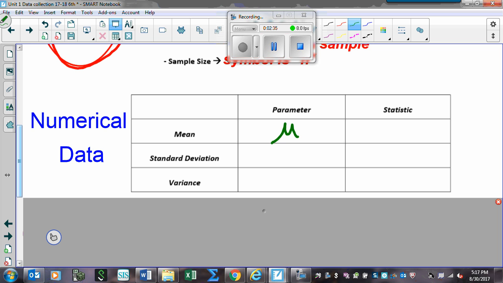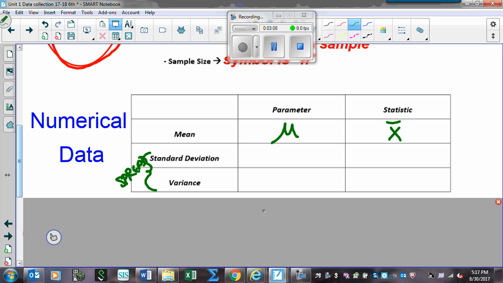A lot of times you'll have a Greek letter describe the population and a regular letter describe a sample. So mu is the symbol for the mean of the whole population. And for the mean of a sample, that's called x with a bar on top of it, which we call x bar. Now, so this is kind of a measure of central tendency. Standard deviation and variance are measures of spread, which we'll talk about more later, the spread of data.